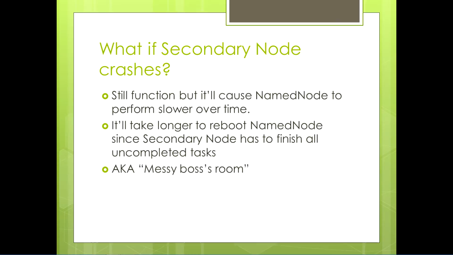Let's say name node decides to restart everything, it won't start until the boss's room is absolutely clean, which is the job of the secondary node. Because of that, it'll take longer to reboot. But as far as being crashed in production, it'll still work fine. For example, can your job environment run without your assistant manager? Of course.